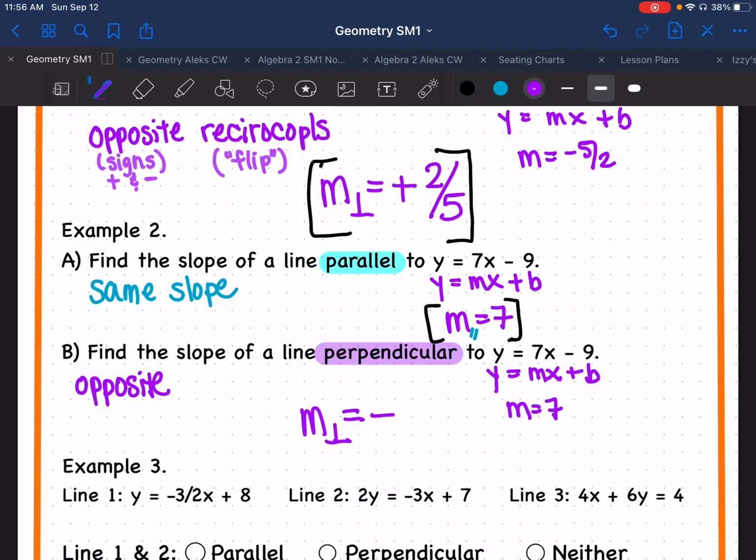It's positive 7, so let's change it to negative 7. And then let's do the reciprocal, which means I'm going to take my 7 and I'm going to flip it. Now remember, when 7, a whole number like 7, is a fraction, we just put it over 1. So I'm going to flip my fraction to be 1 over 7. There it is. There's my slope of my perpendicular line.